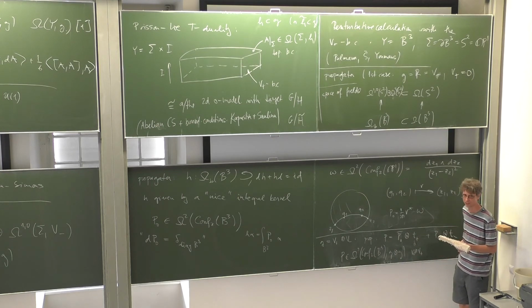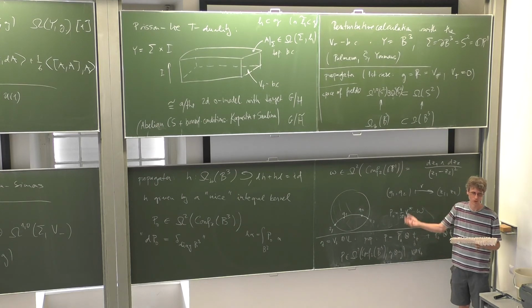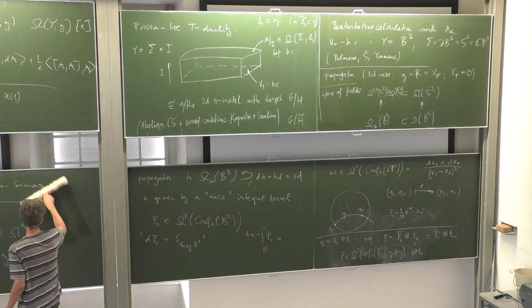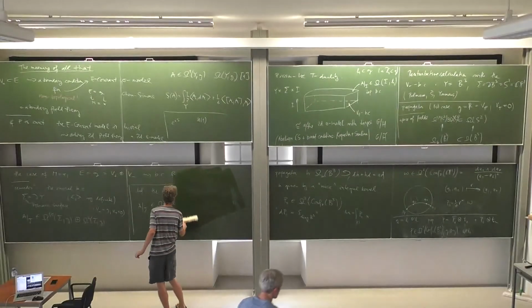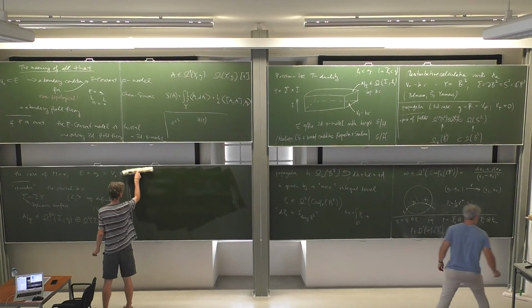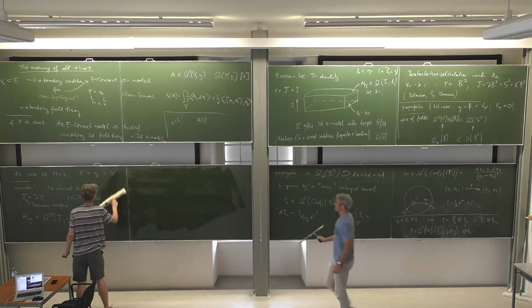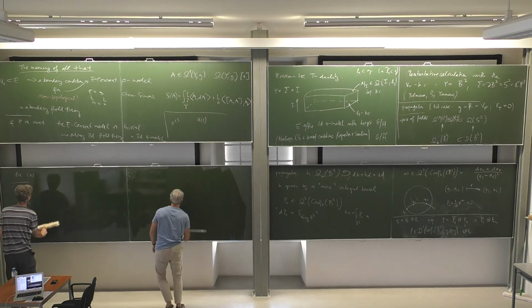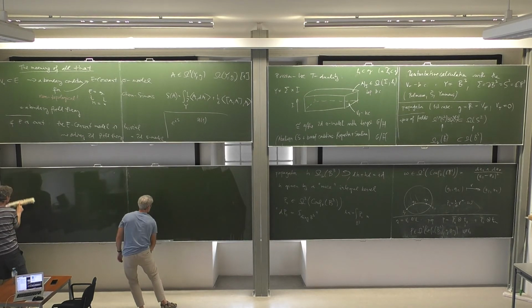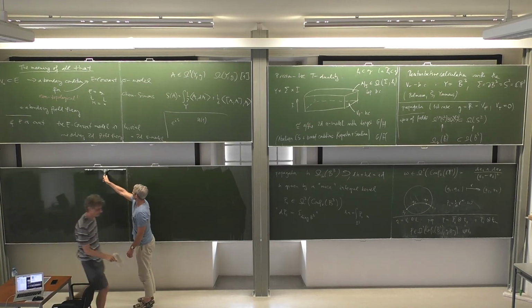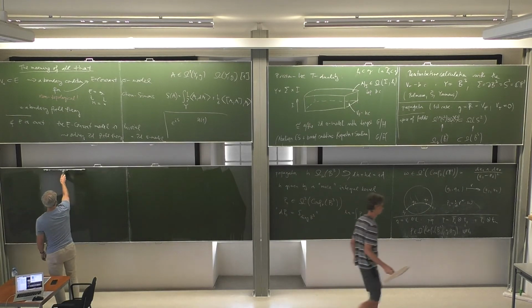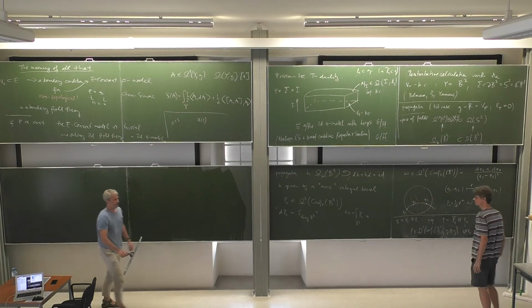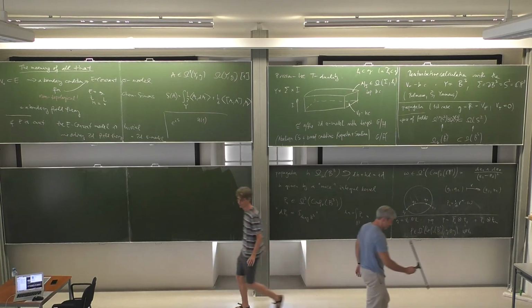So T plus plus T minus is the inverse of the pairing on the entire G. Thank you very much.